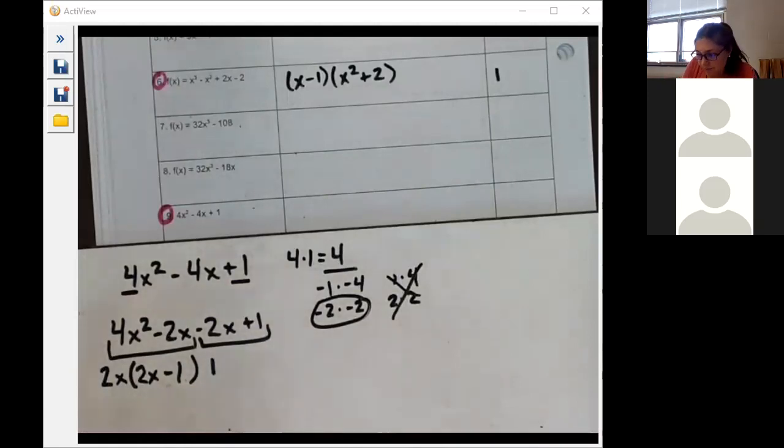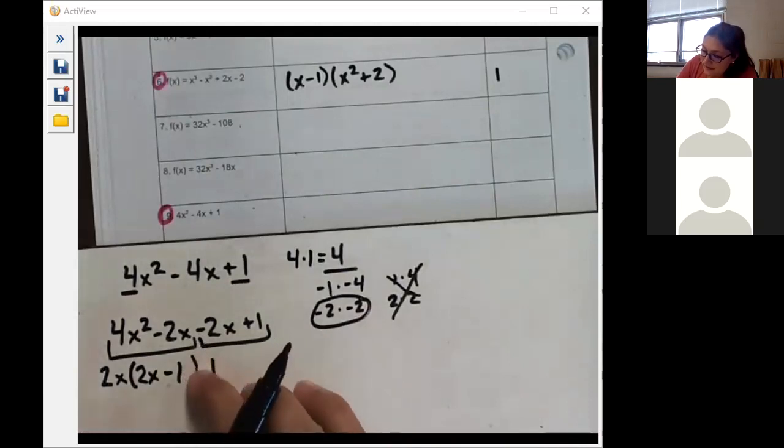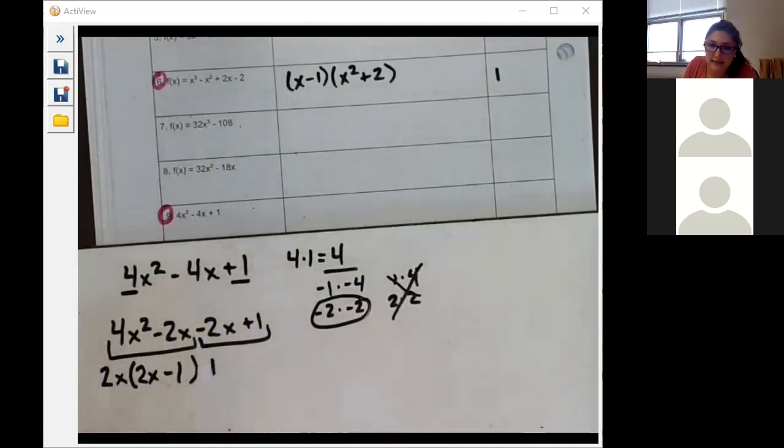Now I will point out though, since this group starts with a negative, that tells me that I probably want to factor out negative 1. Let's say I didn't factor out negative 1 and I just factored out a positive 1. In parentheses, I would have negative 2x plus 1. That is not the same as what I have in parentheses from my first group. Everything's off by a sign, okay?